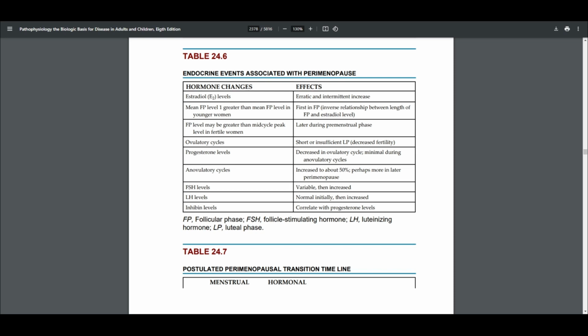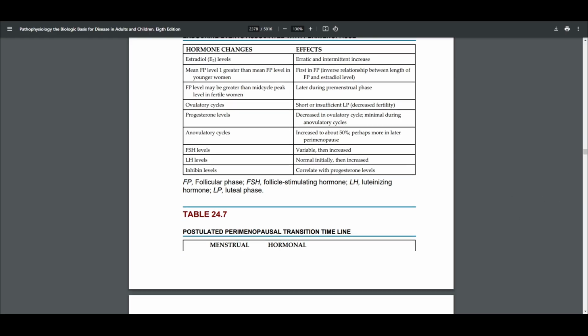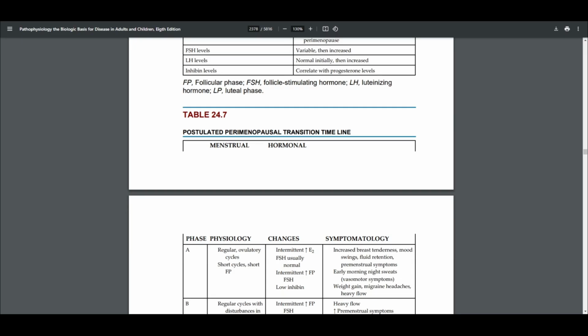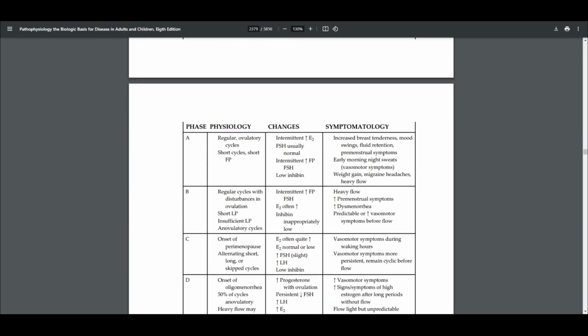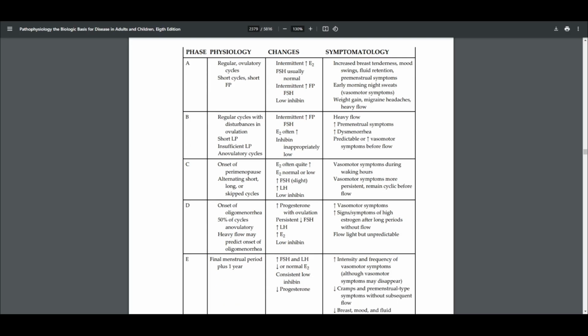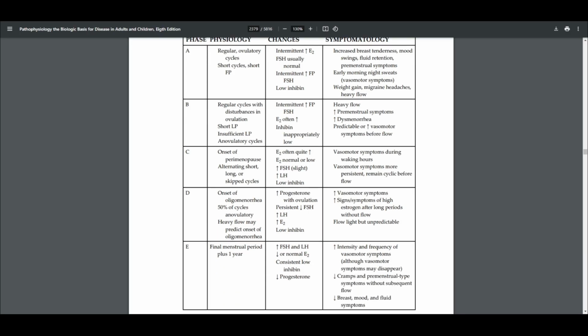So here's a good spot to hit pause to see the endocrine events associated with perimenopause. And then the postulated perimenopausal transition timeline. So a couple spots to hit pause here. See if I can get it all on one slide. Almost.